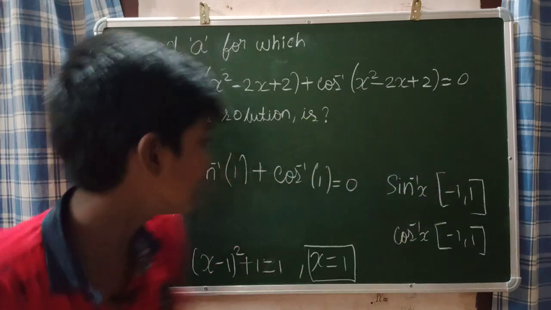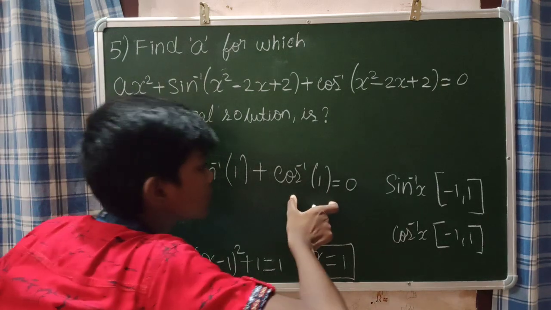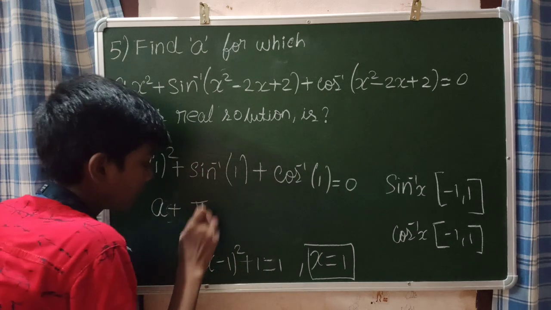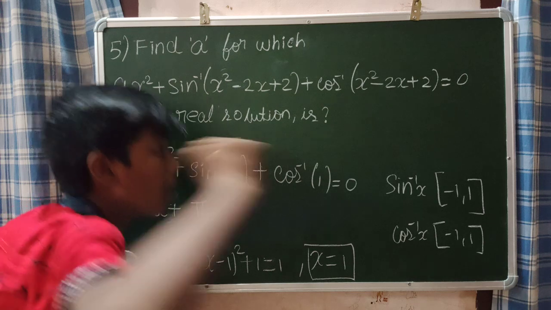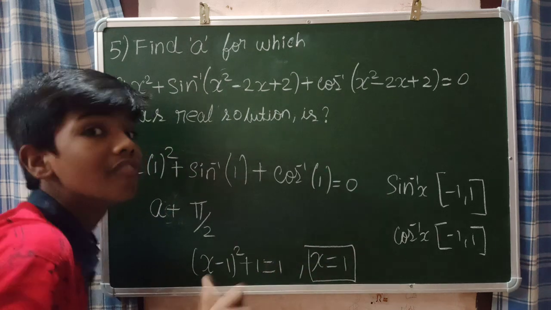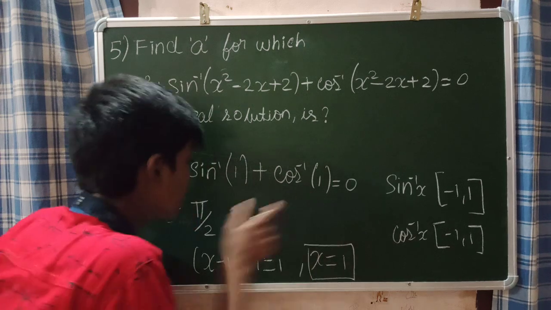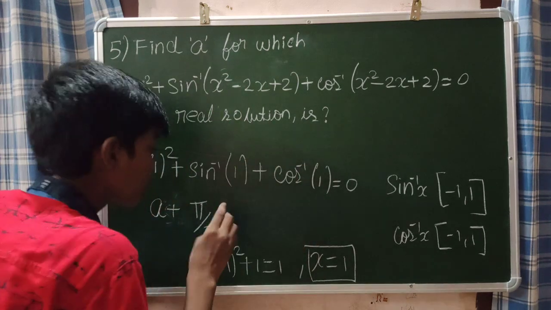If you are solid in inverse trigonometry, you can say that this looks like the form of sine inverse of x plus cos inverse of x, which is pi by 2. Your inverse trigonometry formulas should be at your fingertips. That means sine inverse of 1 plus cos inverse of 1 will be pi by 2, because sine inverse of x plus cos inverse of x is always pi by 2.